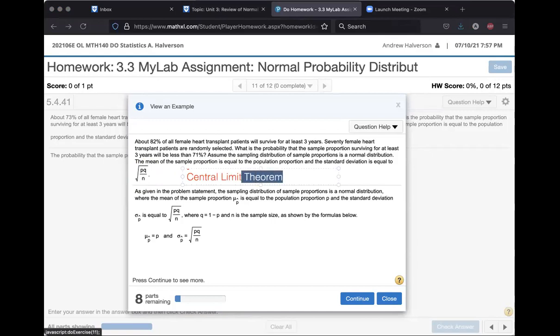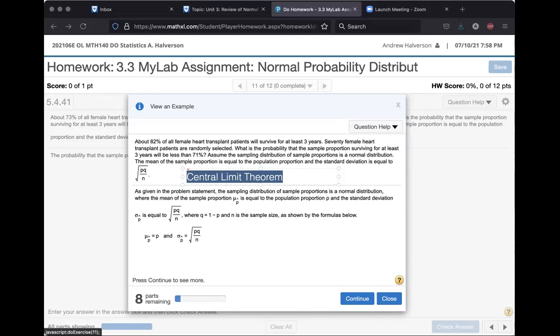If you have a population that is normally distributed, then you can use the mean and the standard deviation of the population to help you find the mean and the standard deviation of the sample without having to do any calculations regarding the sample itself.